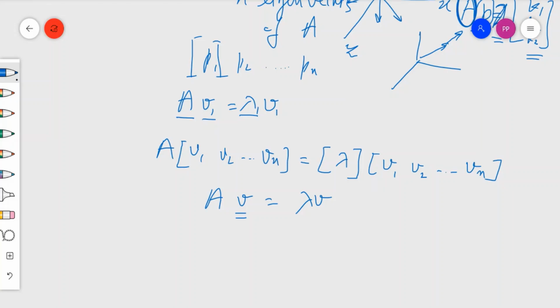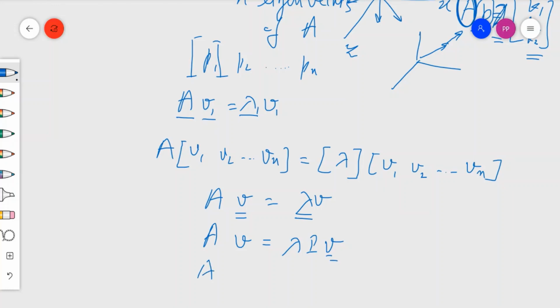Now suppose this is a diagonal matrix, then I have an identity matrix such that A V equals lambda into I into V. I can write this V as capital V to avoid any confusion.